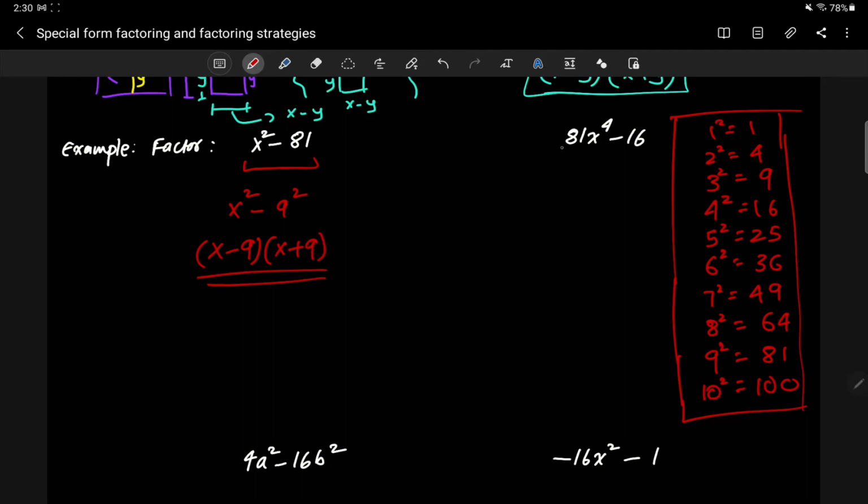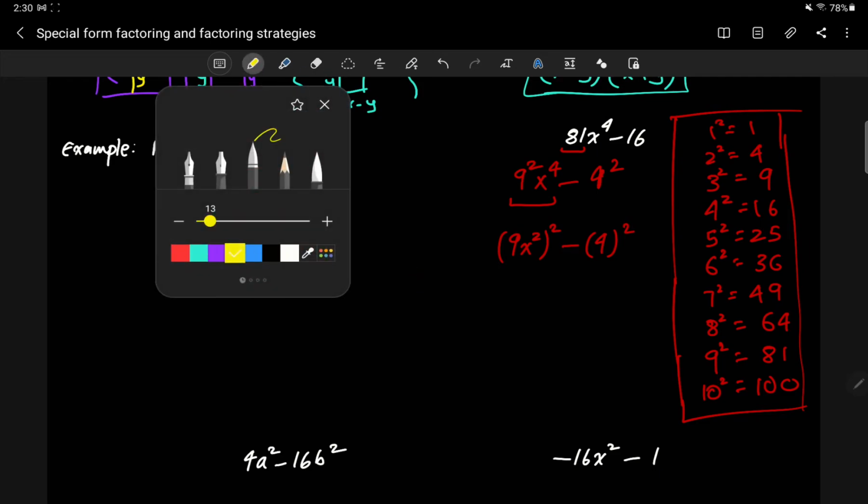Similarly here, notice that 81 is actually 9 squared. So if I rewrite this, this is 9 squared x to the 4 minus 4 squared. Right now it's not in the form of something squared minus some other thing squared. But 9 squared x to the 4 can be written as 9x squared, squared, minus 4 squared.